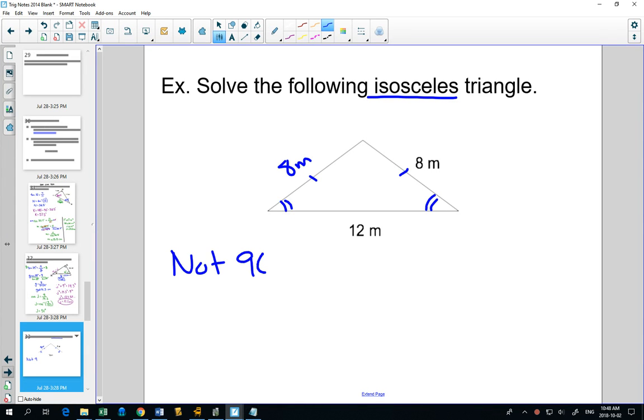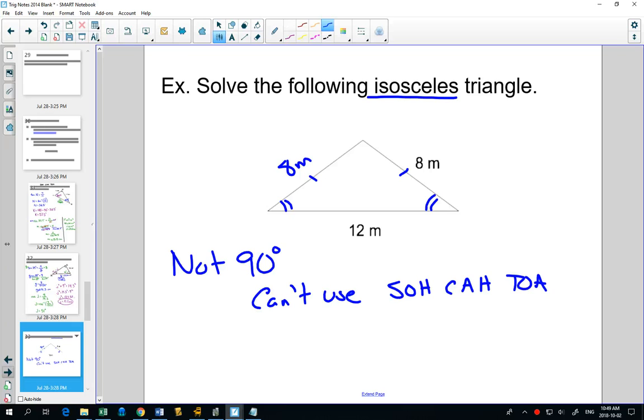And this is what I want you to know. If it's not 90 degrees, you cannot use SOHCAHTOA. SOHCAHTOA is a definition that only works with 90-degree triangles.